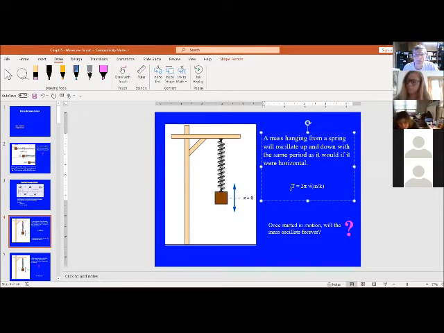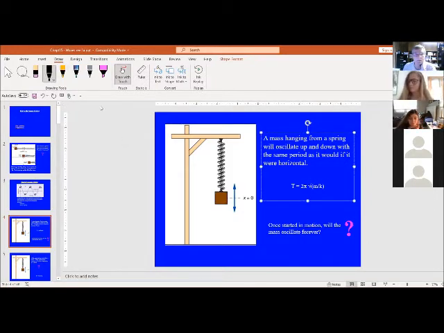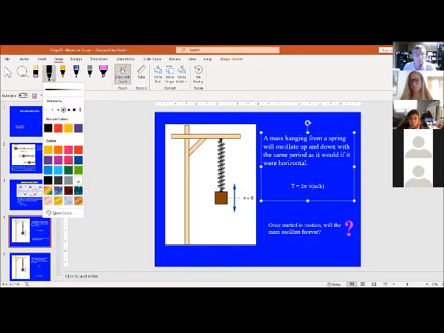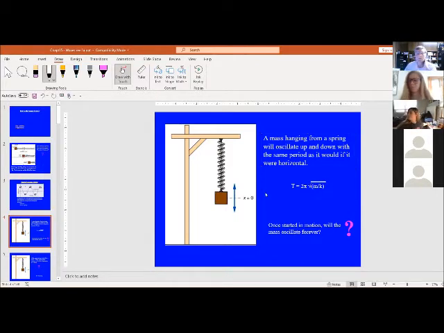So the period of a mass oscillating up and down on a spring is given by this formula. 2 times pi times the square root of the quantity m over k. So both m and k are under the radical.